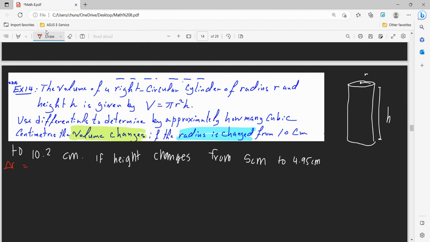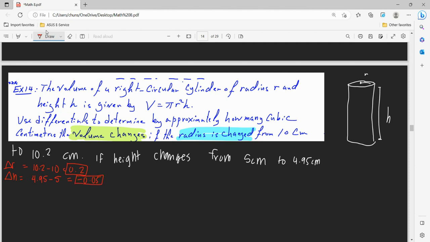So our radius went from 10 to 10.2, so 10.2 minus 10 is 0.2. And our delta h is equal to our final minus initial, so final is 4.95 minus 5. And this should give us a negative 0.05. So those are the first ones.